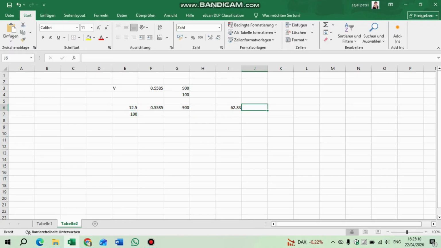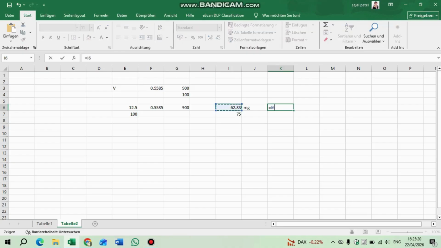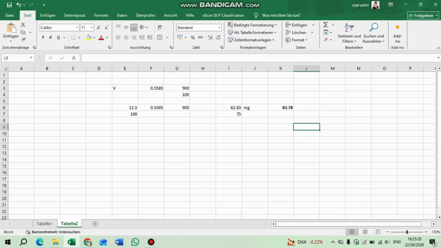So we receive this amount, 62.83 mg in 900 ml. Now we have to again convert into percentage: 63 upon 75 into 100, 83.75. Our dissolution value.